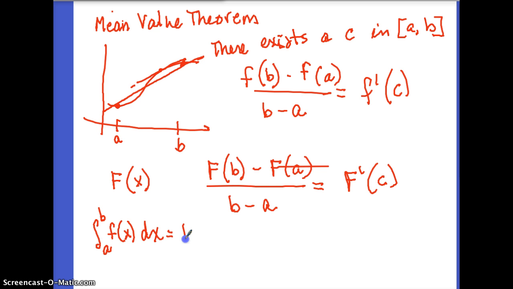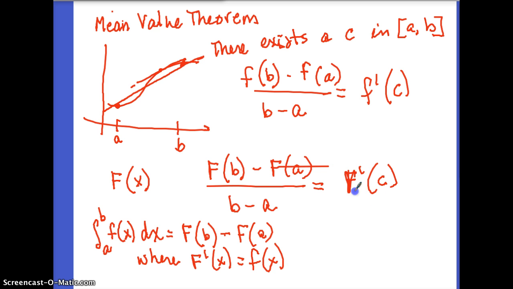Remember we said that was going to be capital F of b minus capital F of a, where, again, capital F prime of x is little f of x. So this really is going to be equal to some f of c, right, if the relationship is the same.